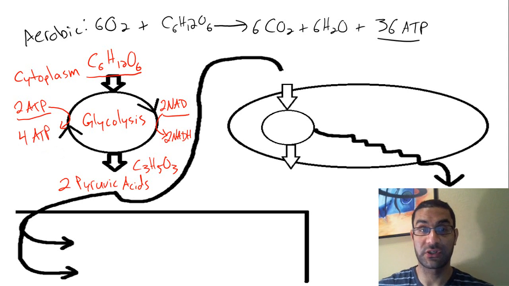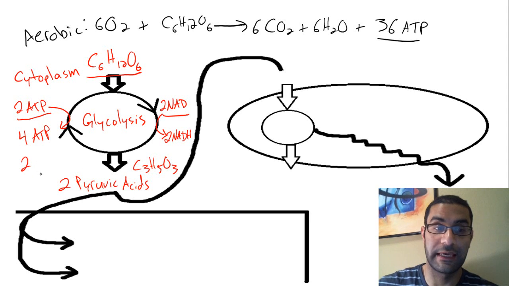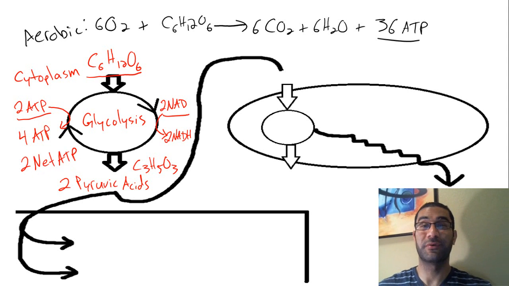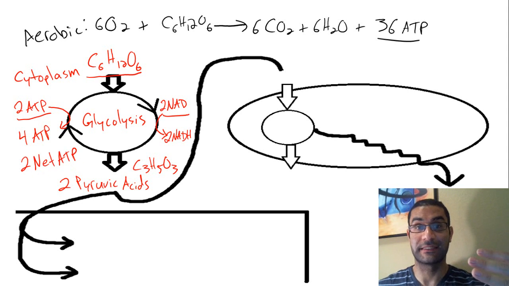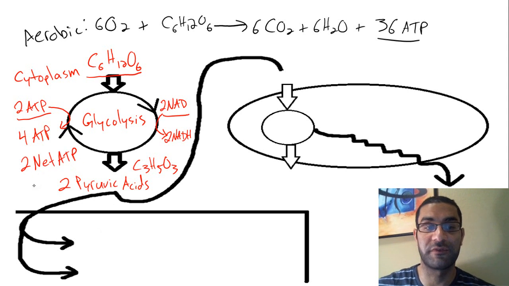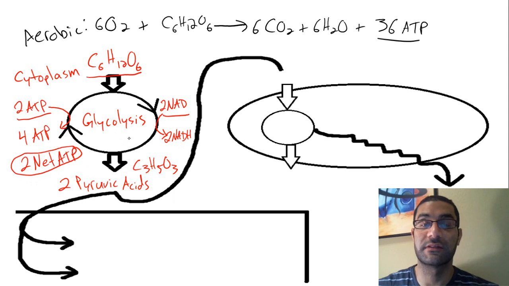My net production is actually 2 ATP. Basic idea here, I made 4, but I already put in 2, so I have to subtract the 2 that I already put in. I started out in a negative range, right? I already had 2 fewer ATP than I wanted, but because I made 4, I got back to 0, I got back to even with the first 2, and then the next 2 were just my pure profit. So that's what I'm referring to in terms of pure profit. 2 net molecules of ATP are made every time glycolysis occurs.